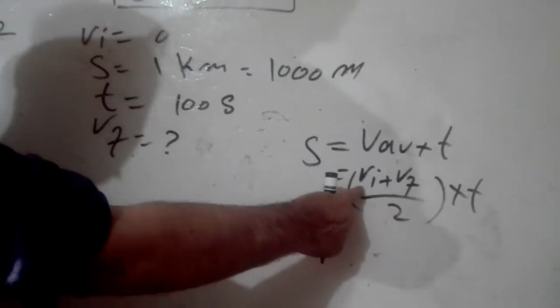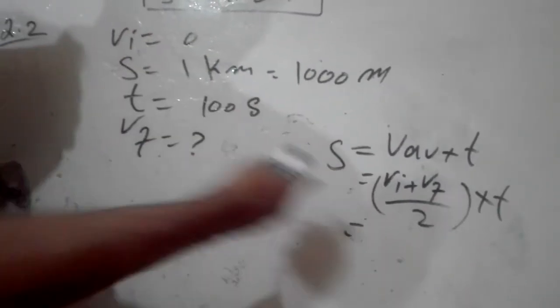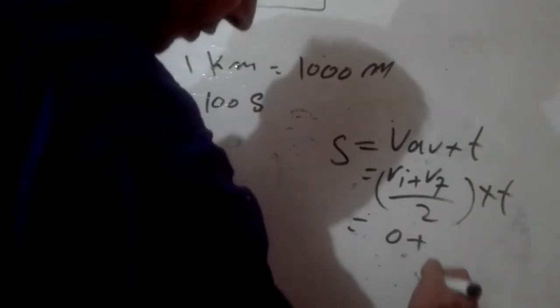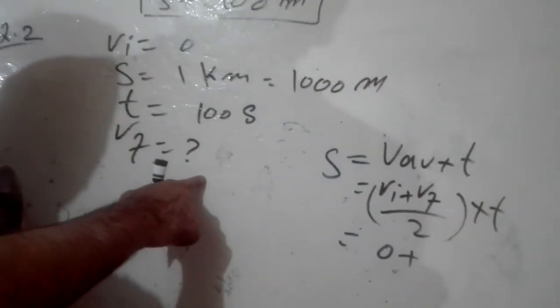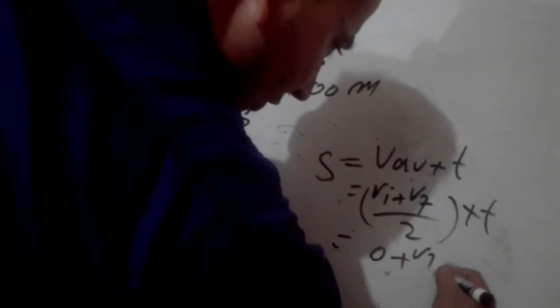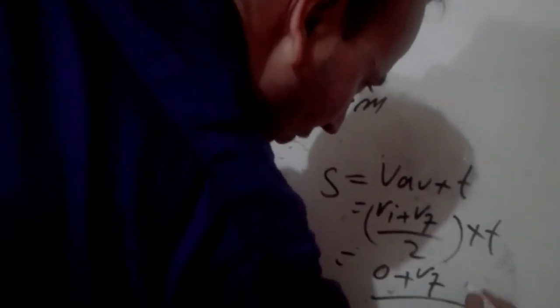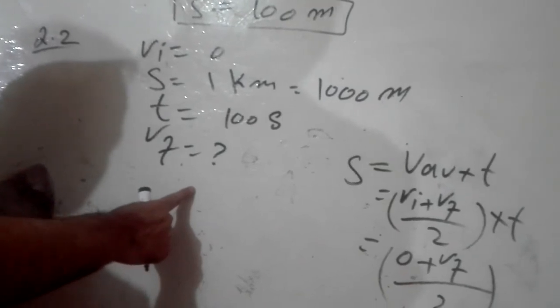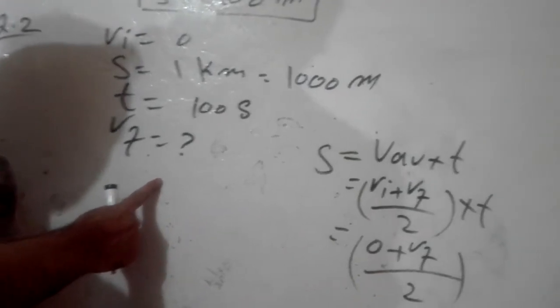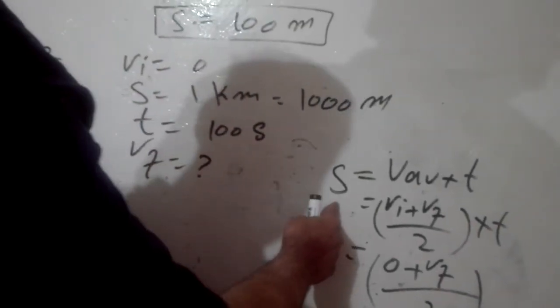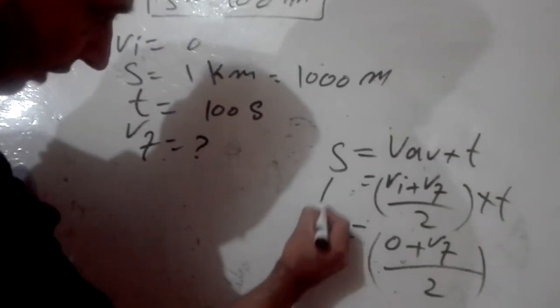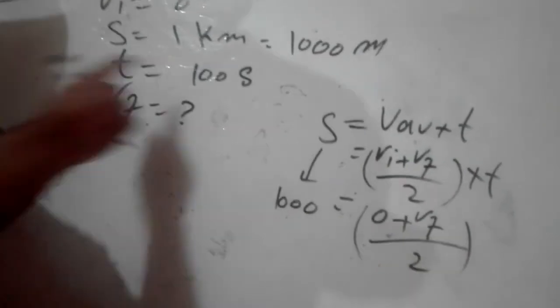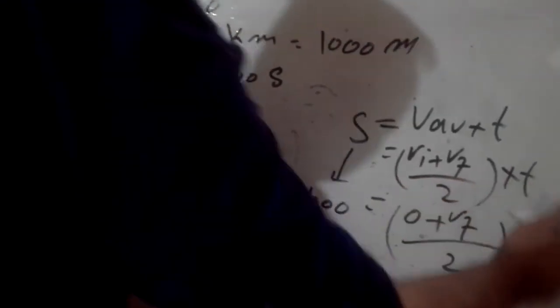Initial velocity is given to you as 0. Just put the value. Final velocity you have to find out, so we will write final velocity Vf. Distance is given to you as 1000 meter, so put the value of distance 1000 meter. And time they have given you is 100, so T for time, put the value 100.